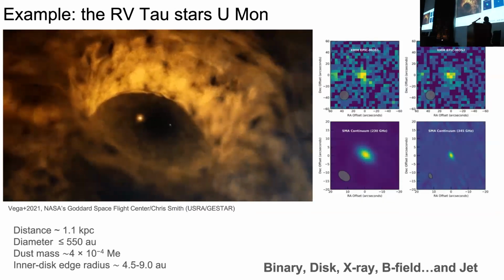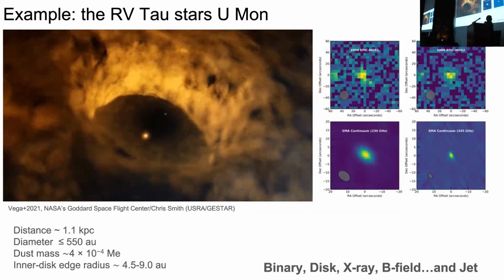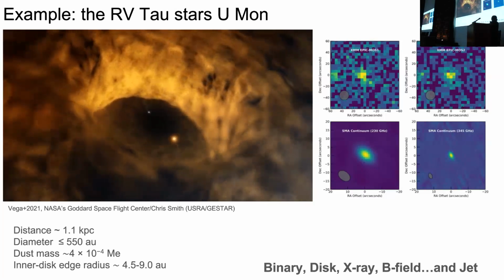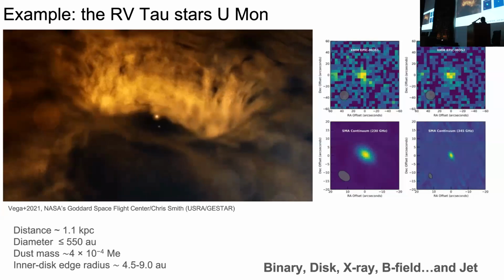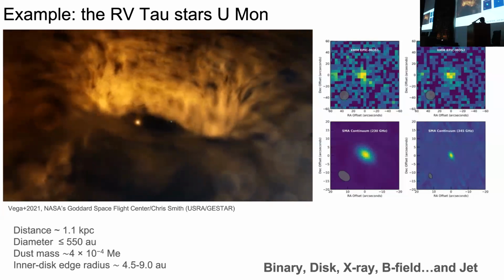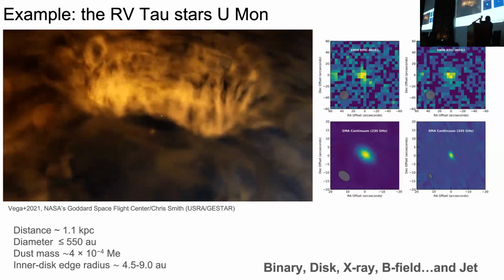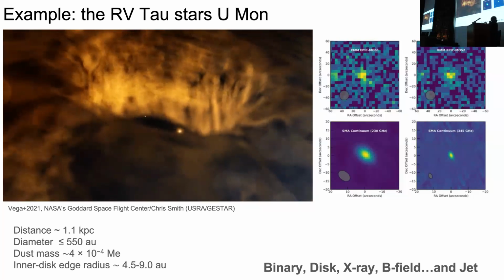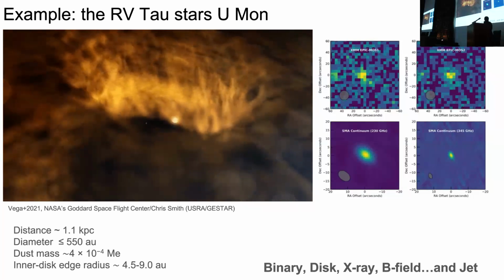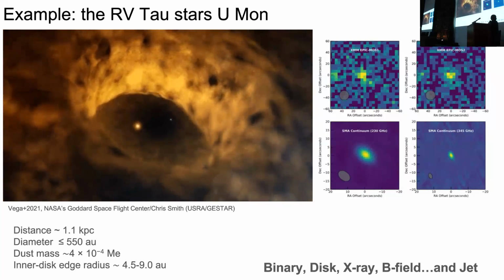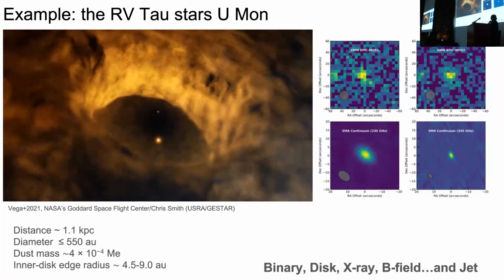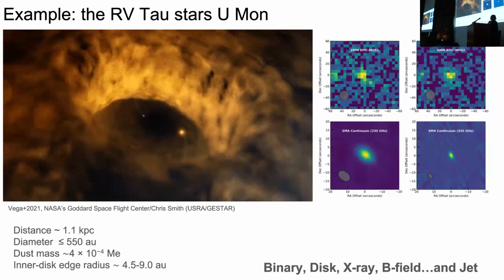Here, for example, it's the post-AGB star RV Tau. This is an image of a system where you can see the binary stars and the circumbinary disk. This is based on a work by Vega in 2021, where they detected not only the binary system, but also the circumbinary disk.